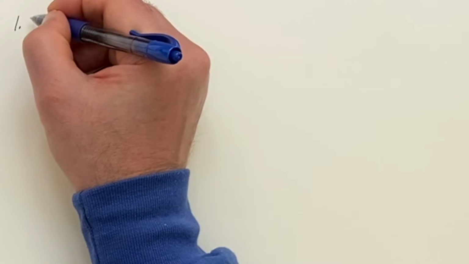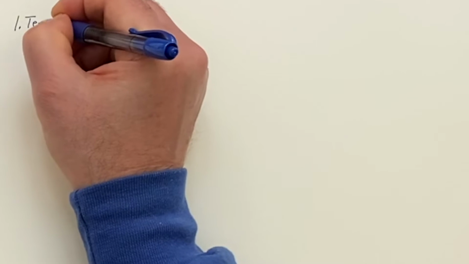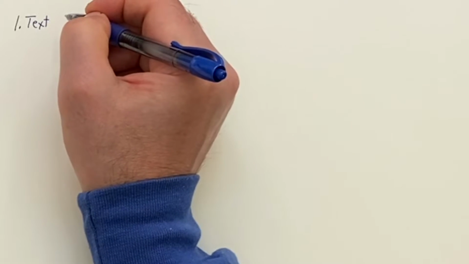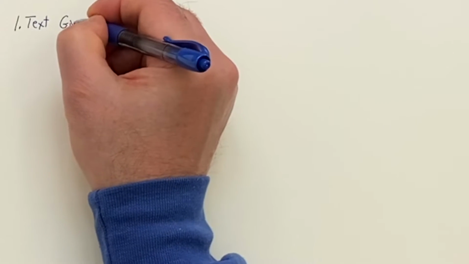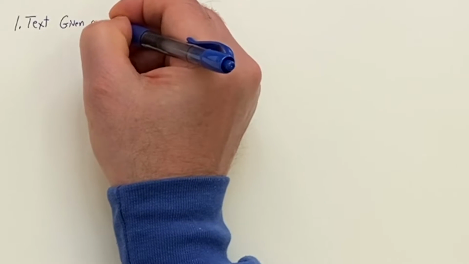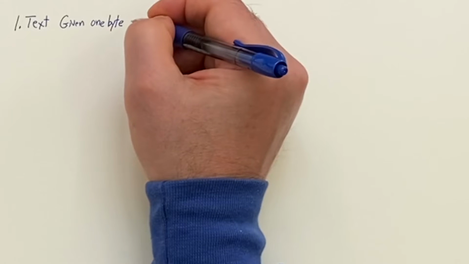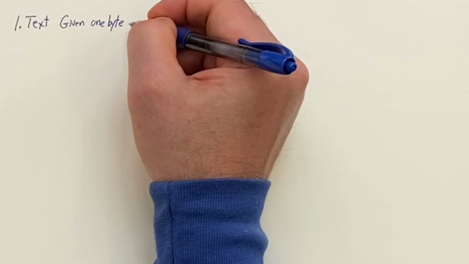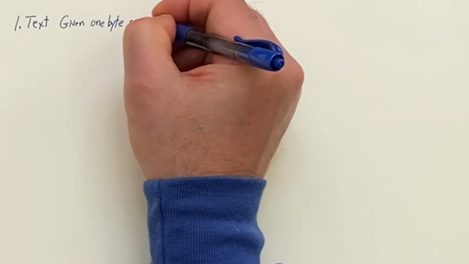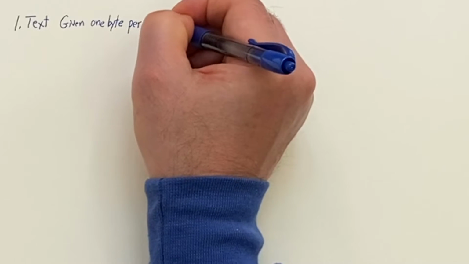Okay, question 1 is going to be an analysis with text. So say we're given that 1 byte exists per character. There's 1 byte per character, and a character would be like a letter.